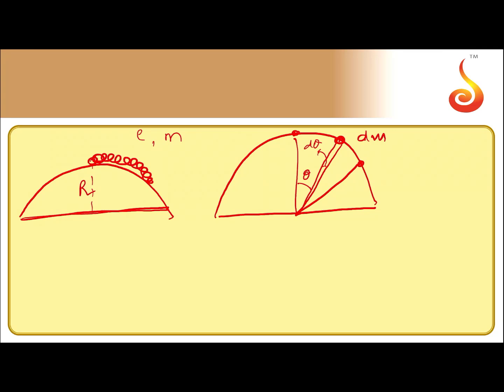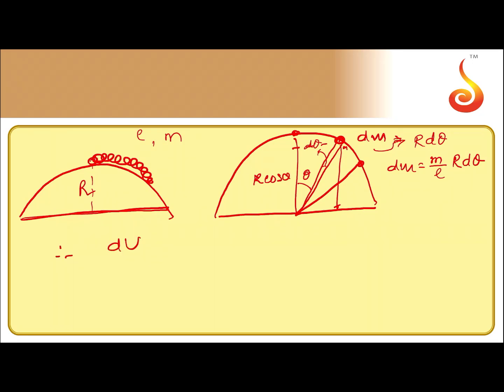So this is of length r d theta, the length of this portion. The corresponding mass is M divided by L into r into d theta. And this is at what height? It is at a height r cos theta. This is r, so this is r cos theta.